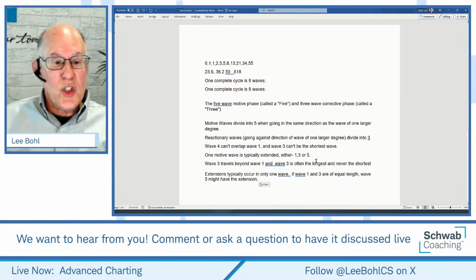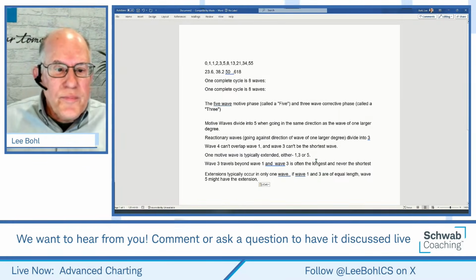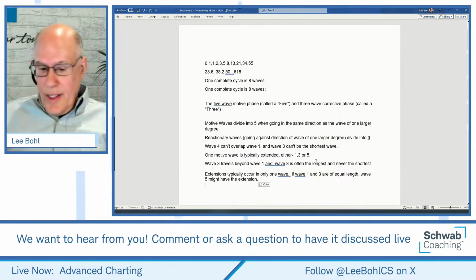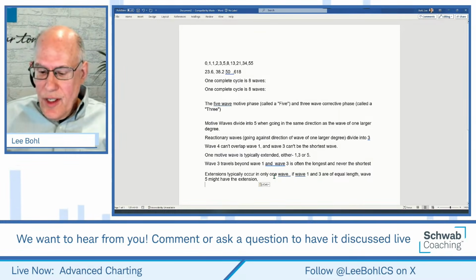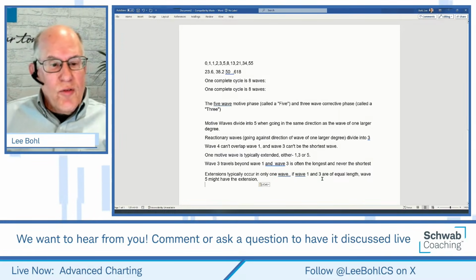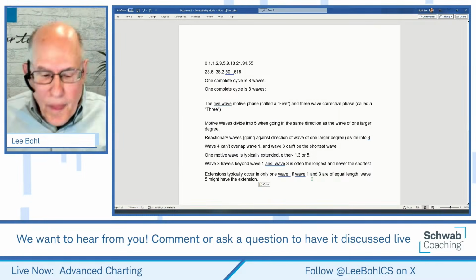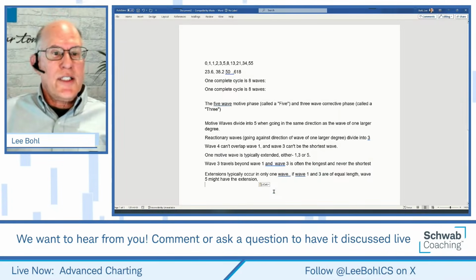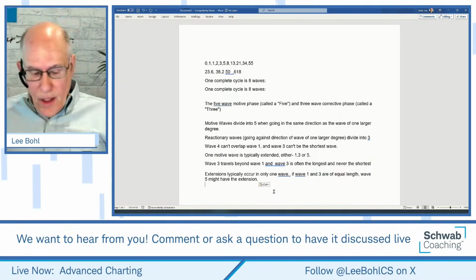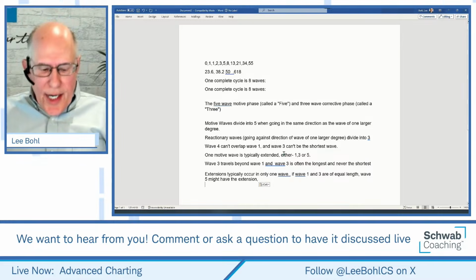And it's certainly not the shortest. And then finally, if you're going to have an extension, you only have it in one wave. And if 1 and 3 are typically of equal length, it's wave 5 that might have the extension.